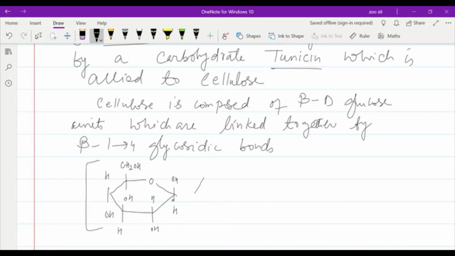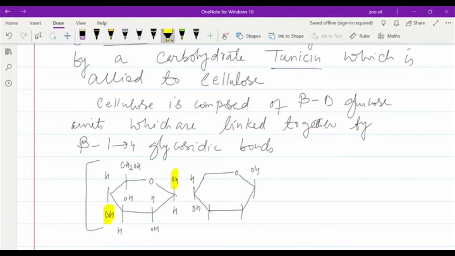So another glucose unit will be here, again a beta glucose.